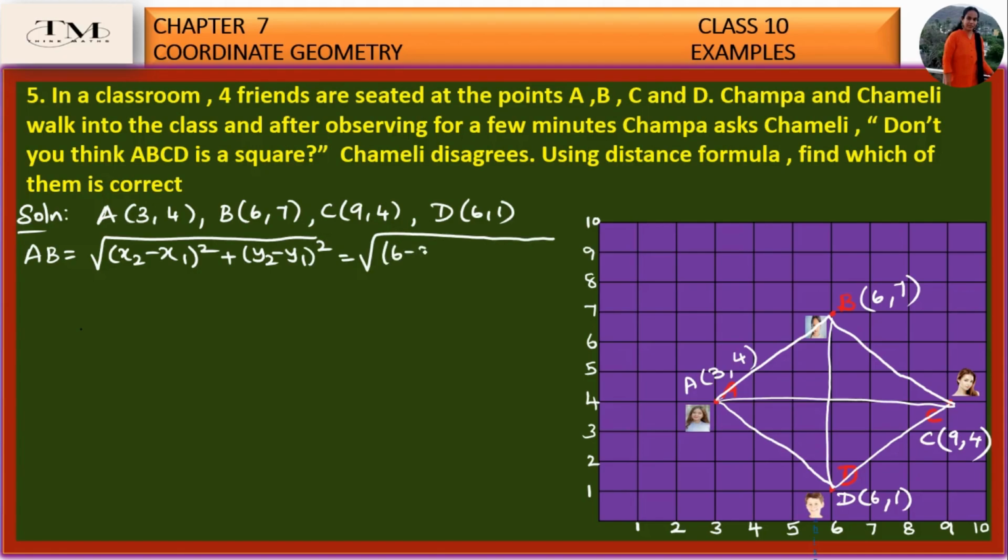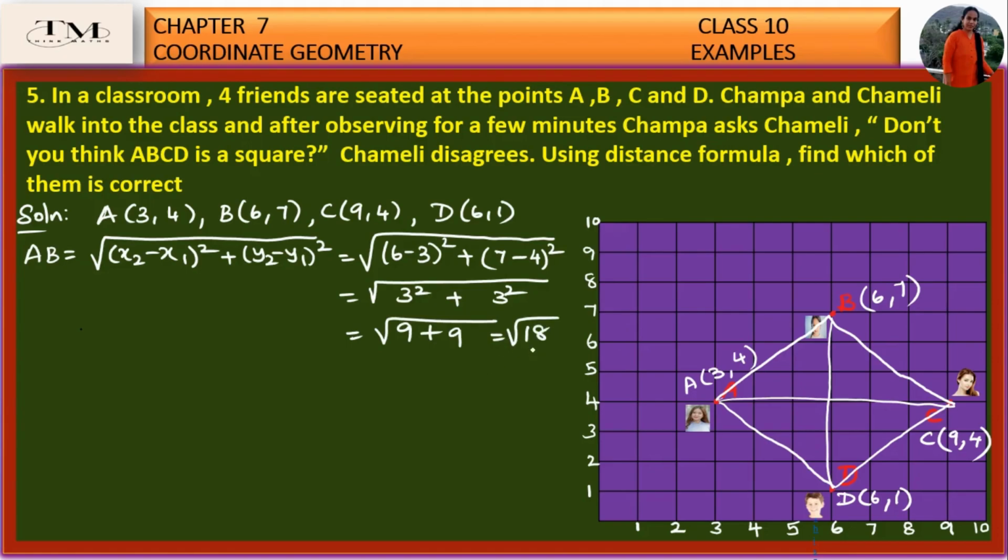So 6 minus 3 whole square plus y2, it is 7, minus y1 is 4. So 7 minus 4 whole square. So 6 minus 3 is 3. So 3 square plus 7 minus 4 is also 3. So 3 square. 3 square is 9. So 9 plus 9 is nothing but root 18. Okay, so keep this as such.